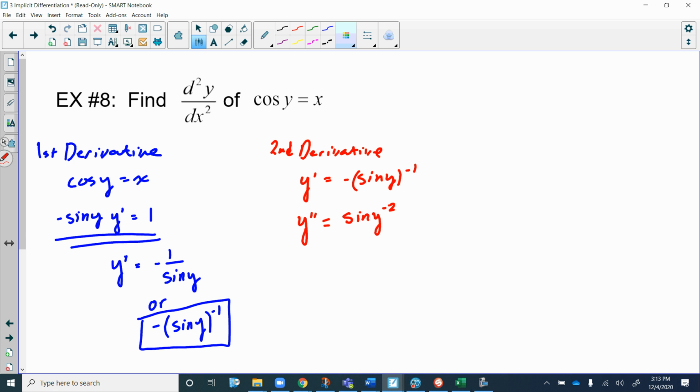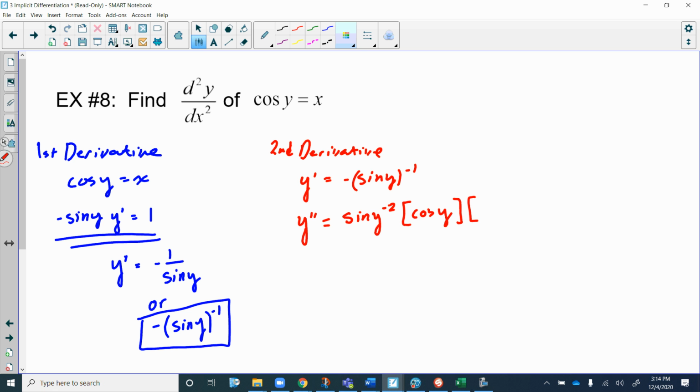Now we do have to take the derivative of the inside part, which in this case is actually going to give us a double chain rule effect. So the derivative of sine would be cosine of y. Let me just collect my thoughts here, because like I said, second derivatives can get a little tricky with implicit differentiation.